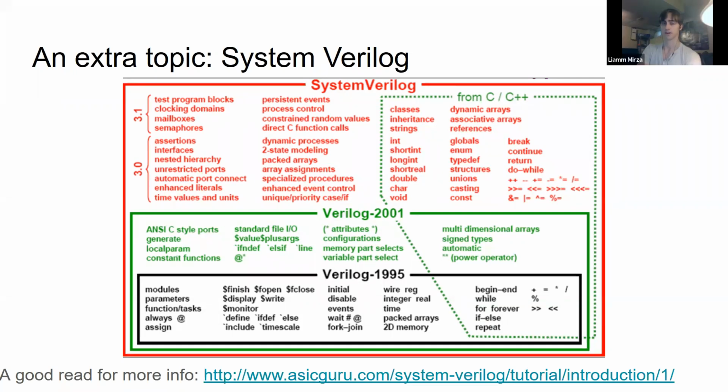Career-wise, you'll see two streams to go off of. You'll either be a designer or a verifier. The verifier is tasked with knowing SystemVerilog, and they'll be responsible for test benches and testing the designs.